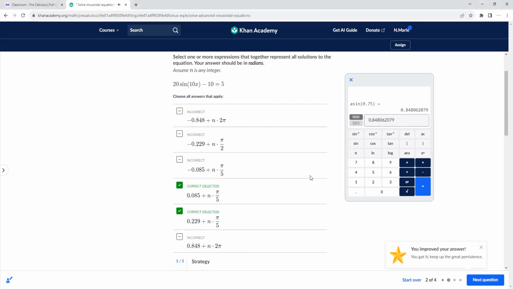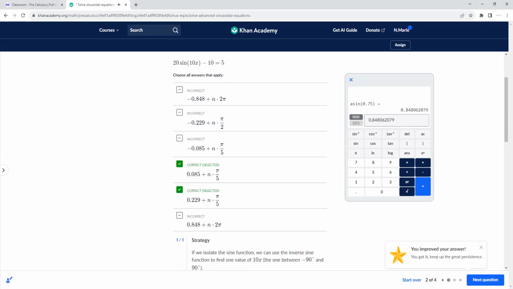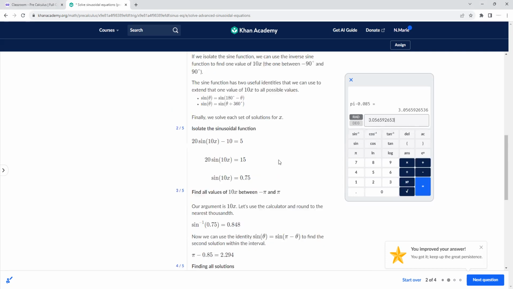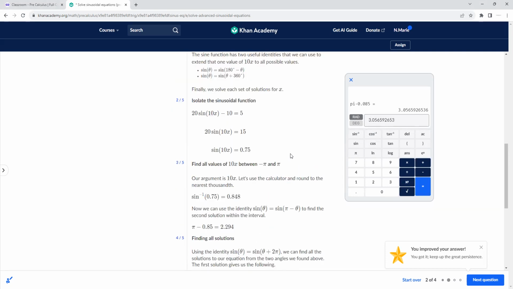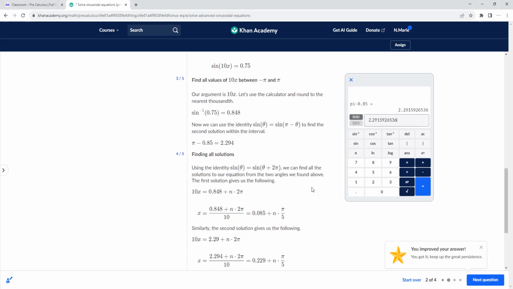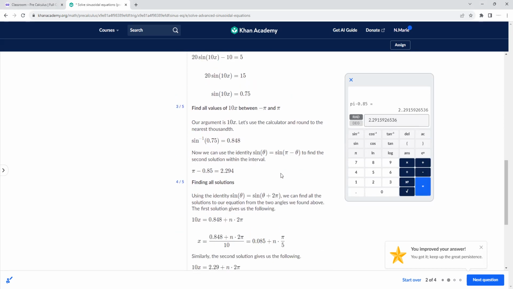So remember, when we did the inverse function, we got 0.85. And when we did pi, you can even put this in your calculator, pi minus 0.85, you get 2.29.